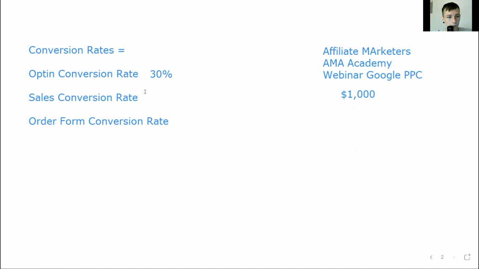Then we have a sales conversion rate of 10%, and our order confirmation we're going to say is around 50 to 80%, we'll say 50%. So I'm going to share with you this first type of funnel.